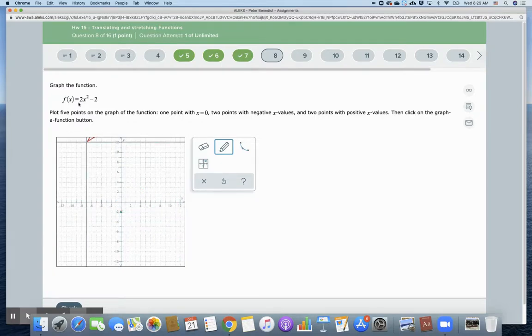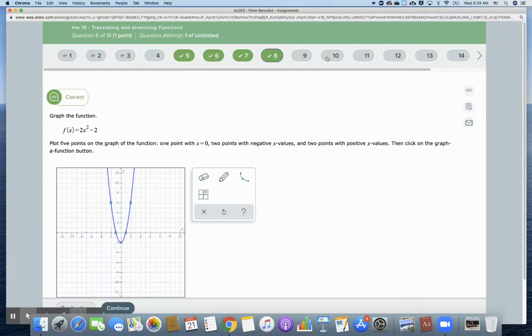And then I can plug in values around that. So let's plug in 1. 1 squared is 1, times 2 is 2, minus 2 is 0. That tells me these 2 points. 2 squared is 4, times 2 is 8, minus 2 is 6. So there goes those 2 points. Let's see how that looks. Pretty good. Check. Awesome.